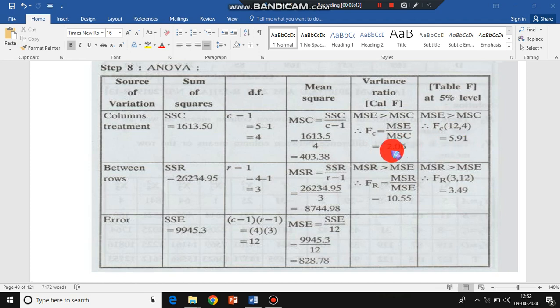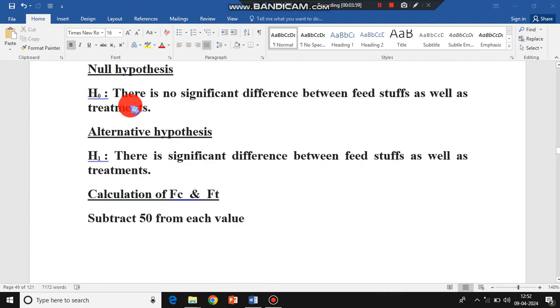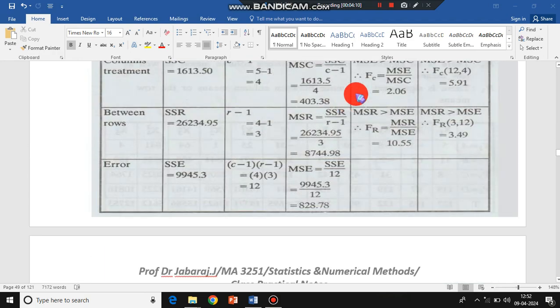So this value is less than this value. So we are accepting the null hypothesis for column wise. What is the null hypothesis column wise? There is no significant difference between feed stuffs, and that is our conclusion.